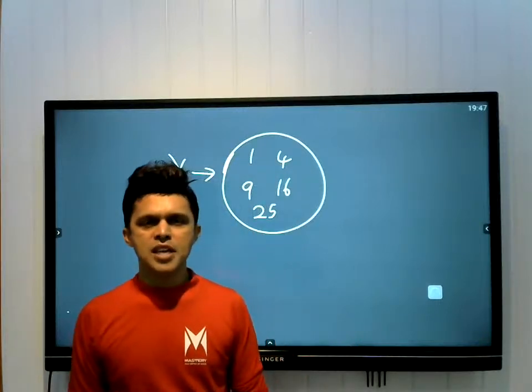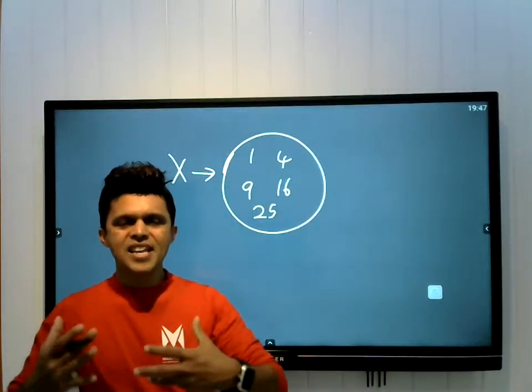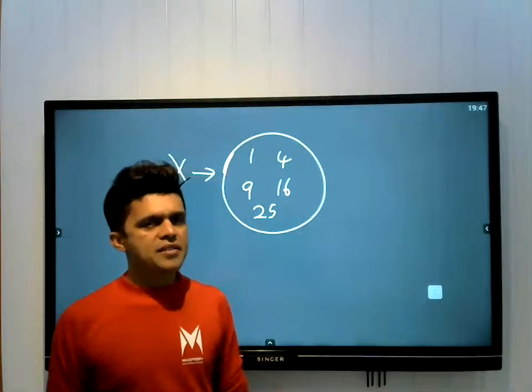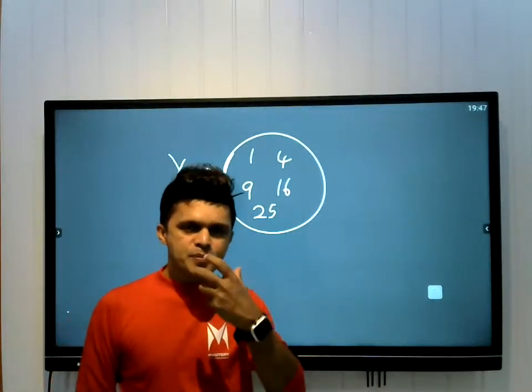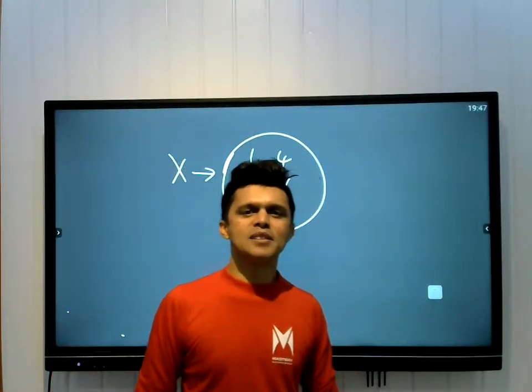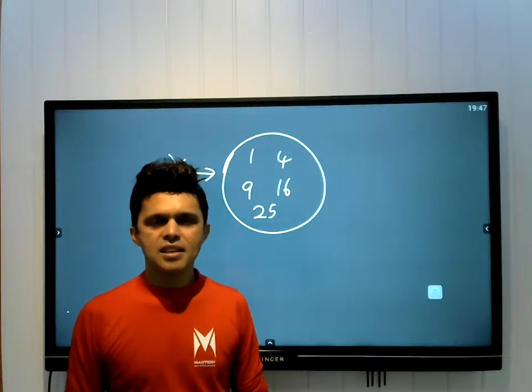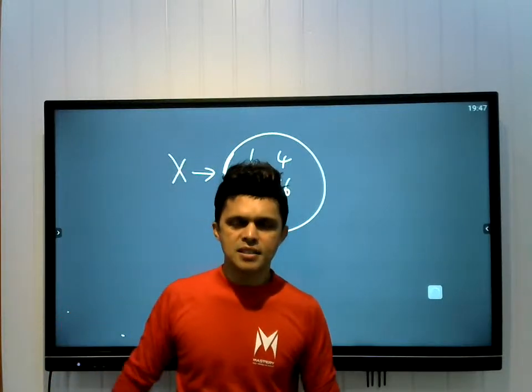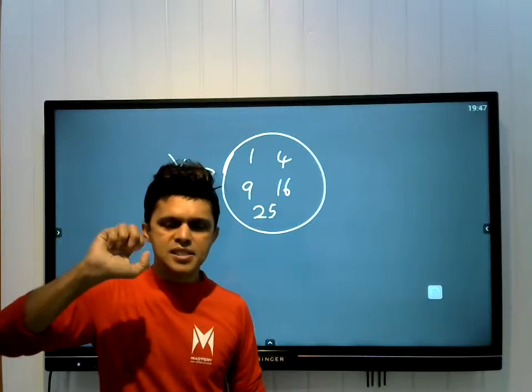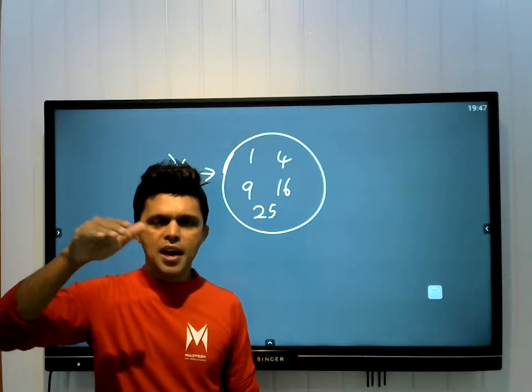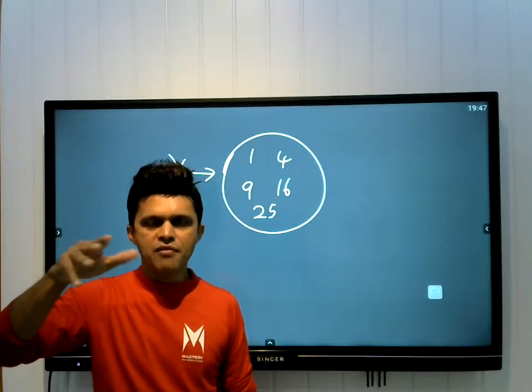Think of the elements that you can see in the set X and how to write them. As I taught you at the start of this lesson, there are 3 ways of writing sets: by listing, by description, and by a Venn diagram.